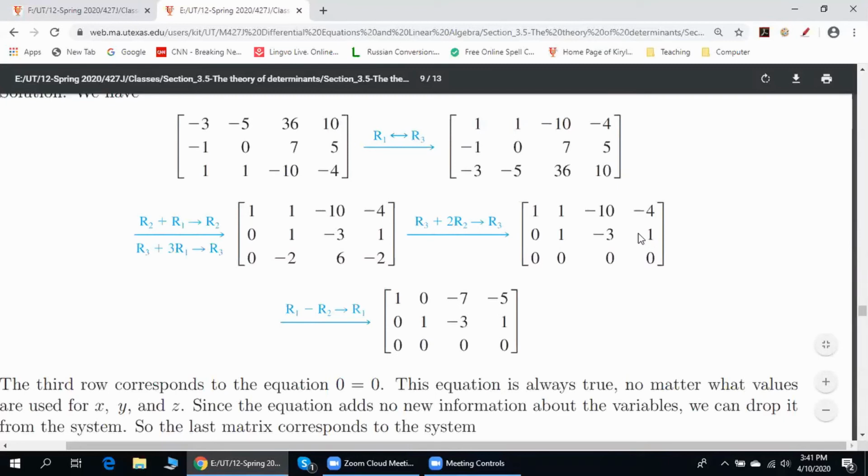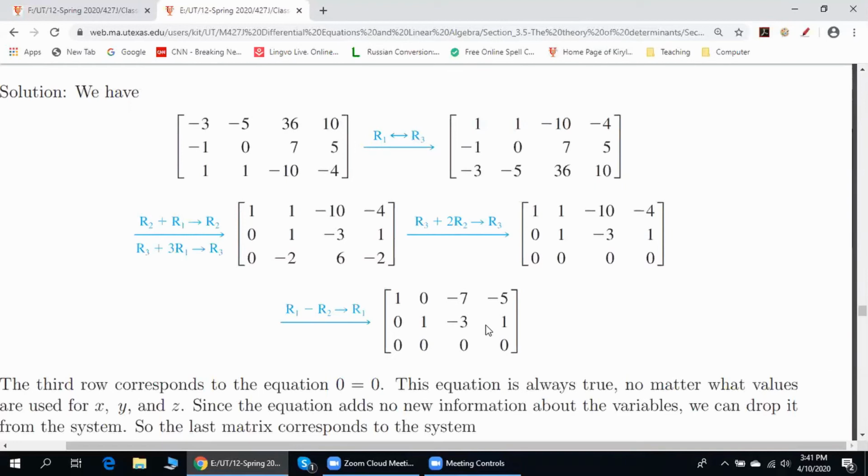This is not a pivot 1, but this is a pivot 1. Now this is the reduced echelon form because not only to the left and beneath, but above this pivot 1 we have 0. Now you may ask me a question, why in previous examples we did not need reduced echelon form, but in this example we need reduced echelon form?